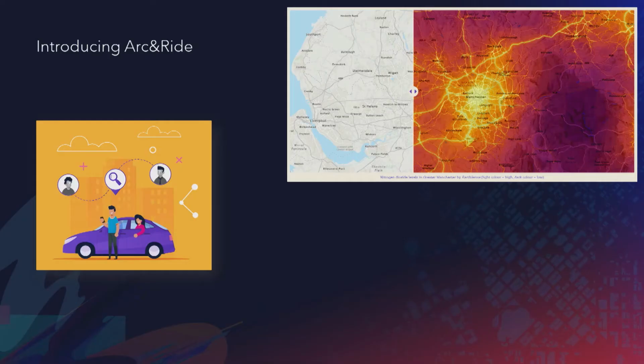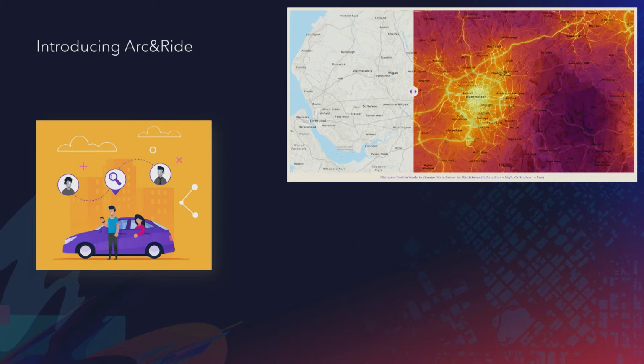So, we're going to walk through a few scenarios to help bring this to life and help you understand these different questions. And we're going to go back to a scenario that we saw in the opening plenary around Manchester. As we already understand, Manchester has one of the highest levels of air pollution, particularly around the main arterial routes. So to help reduce the number of cars that are using these roads, we want to encourage car sharing, and so we have created Arc and Ride, a voluntary scheme for people to share lifts to work.